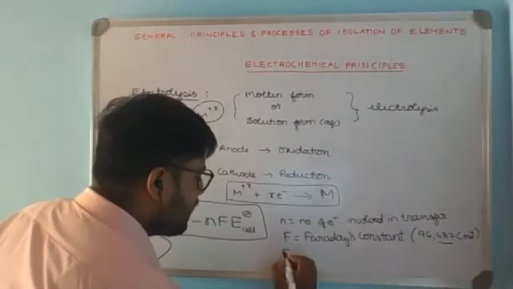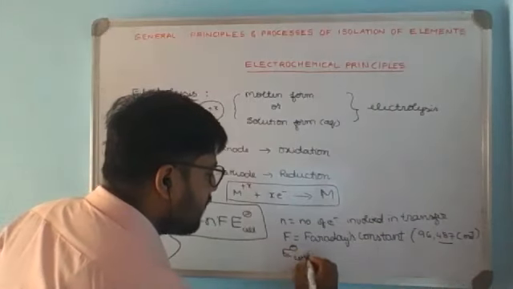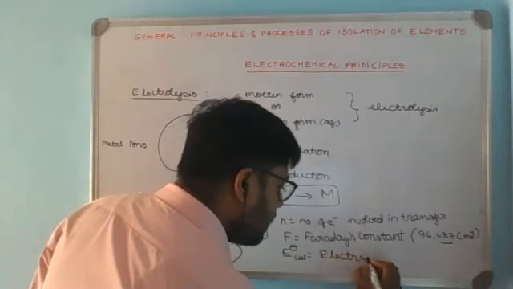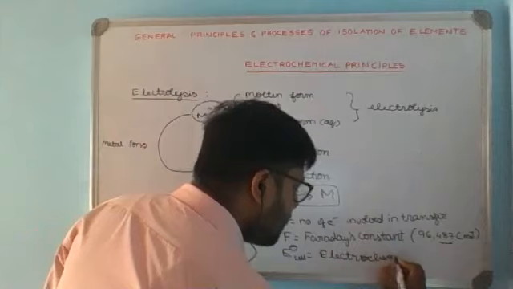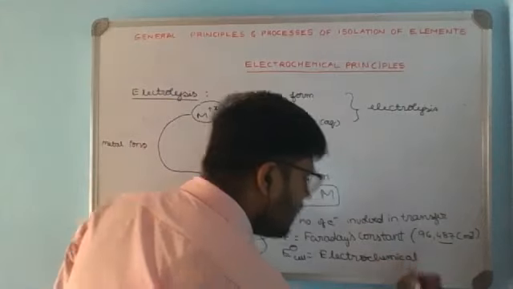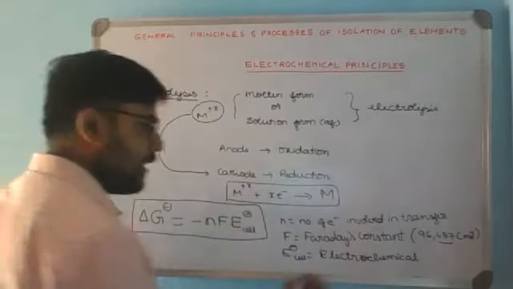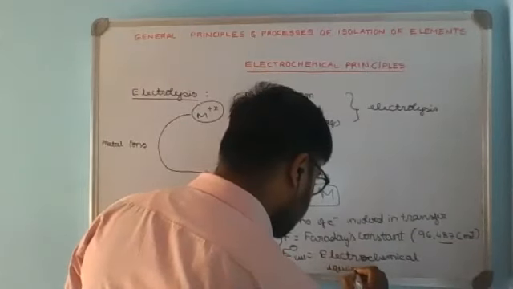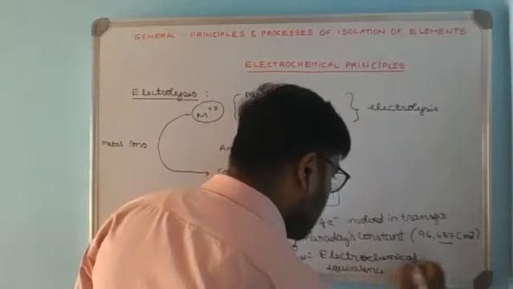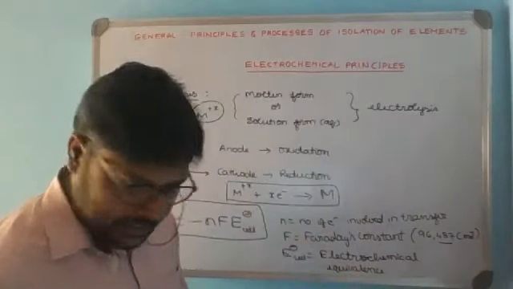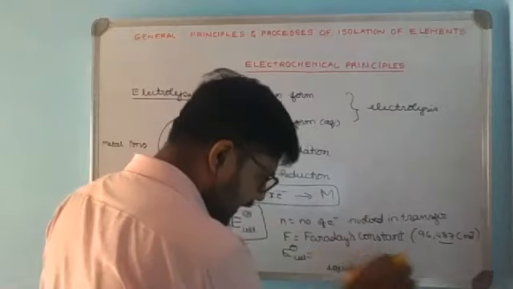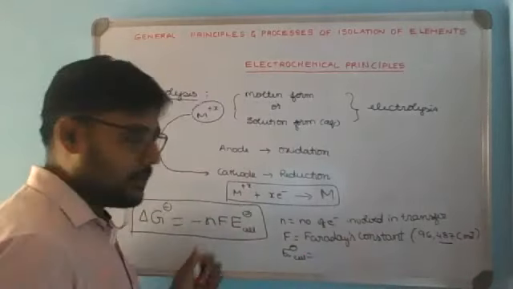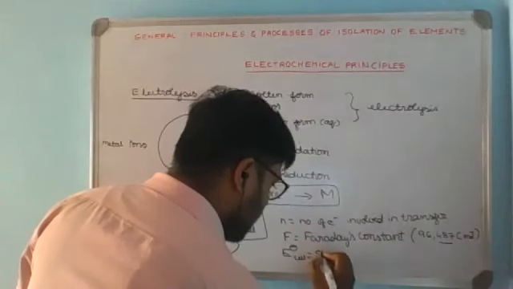Then E naught cell is the standard electrochemical potential, or electropotential, we can say. In detail about that we'll learn later. Now, to remember in brief, you can consider it the standard electrode potential.